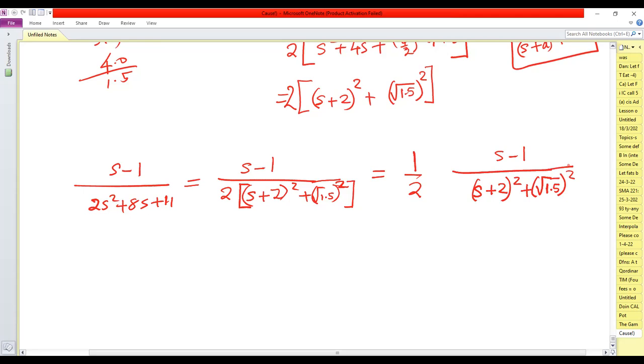Now, when we see this structure of the denominator, it tells us that probably we are dealing with expressions of this form, or expressions of this form.